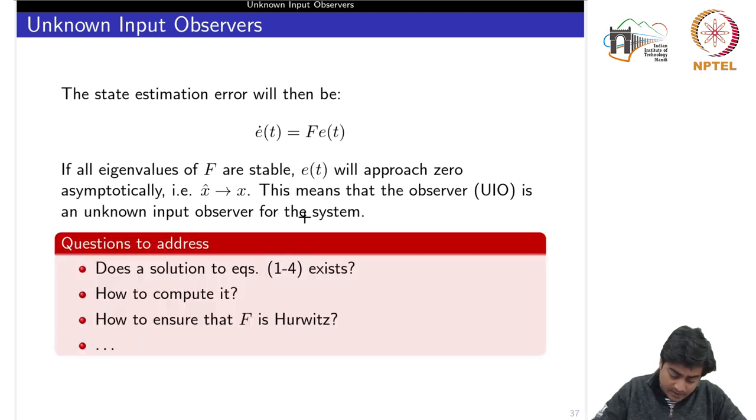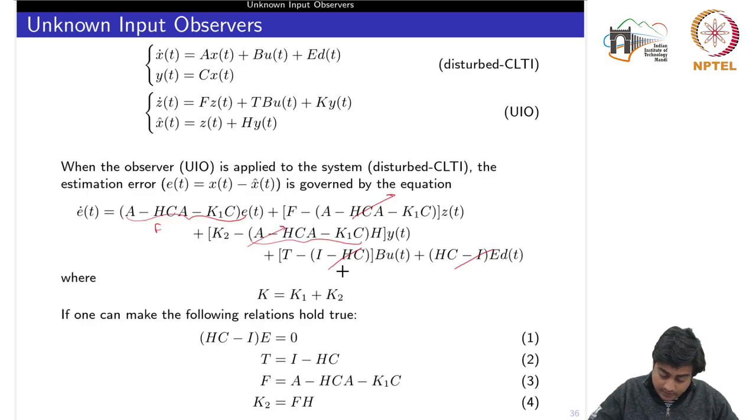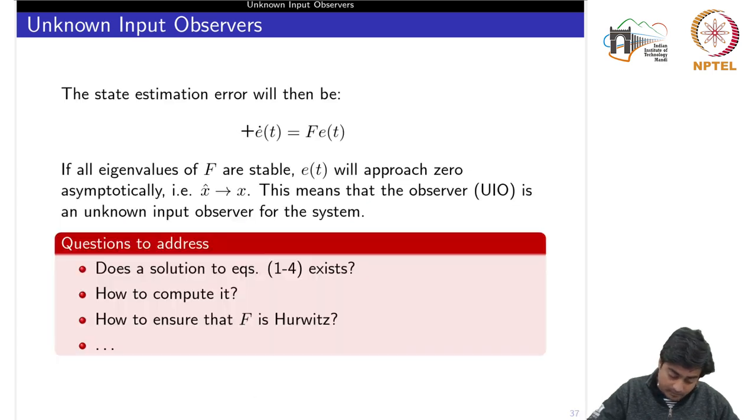But the question which further arises is, does a solution to equations 1 to 4 exist? Meaning to say whether we could solve these equations. As we had seen, these are the parameter matrices of the observer which we need to synthesize: F, T, K, and H. If there is a solution, then how can we compute the solution of these equations, and at the same time how to ensure that F is a Hurwitz matrix?